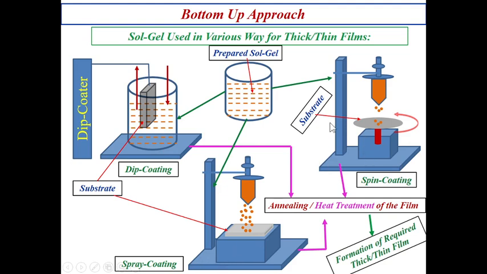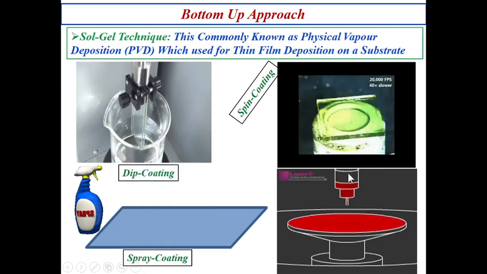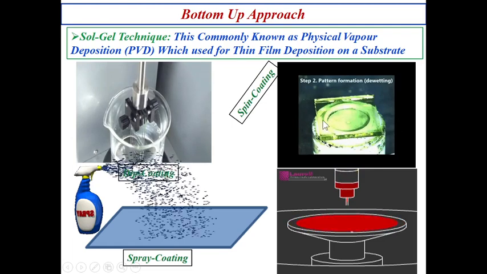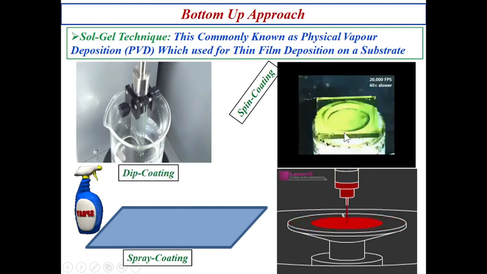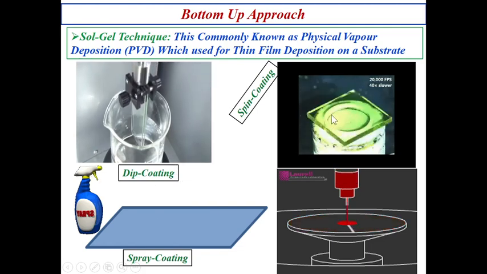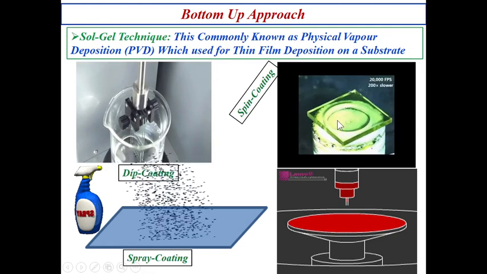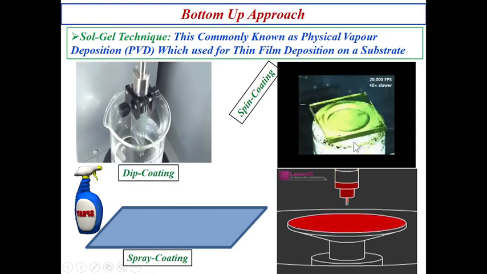So in your spin coating, the substrate is going to rotate with a high speed motor, and a few drops are going to be put on the substrate, then it will form a thin or thick film. So here you can see that we have to inject a few drops on the substrate which is moving with a high speed motor, then the material is going to be uniformly distributed over the surface of the substrate, and we are going to find a thin or thick film. That is your spin coating technique.